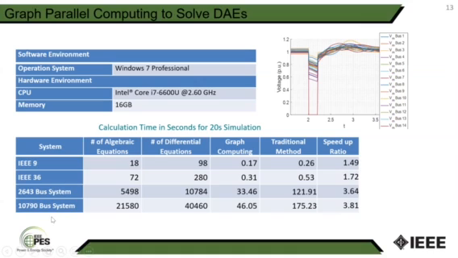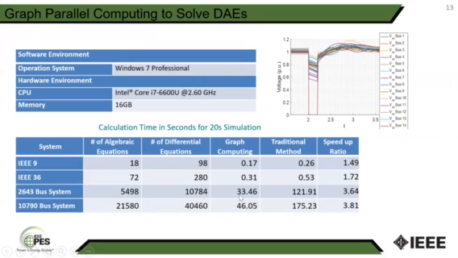For the 10,000 bus system, we have 40,000 differential equations and 21,000 algebraic equations. So it's a large-scale, high-dimensional DAE system. In the simulation, at 2 seconds, one of the buses has a three-phase-to-ground fault, and at 2.2 seconds the fault is cleared. We simulated the transient for 20 seconds.